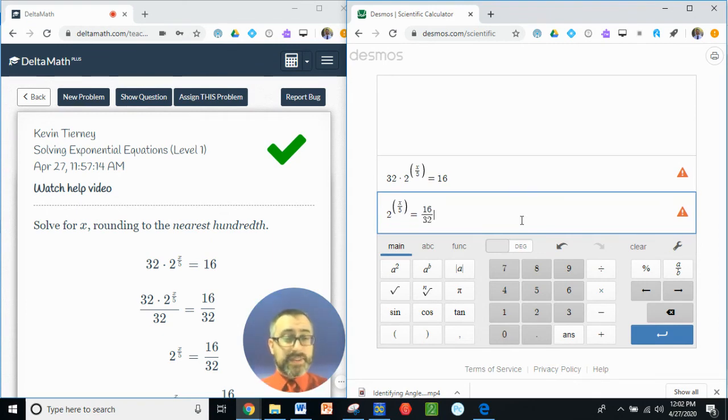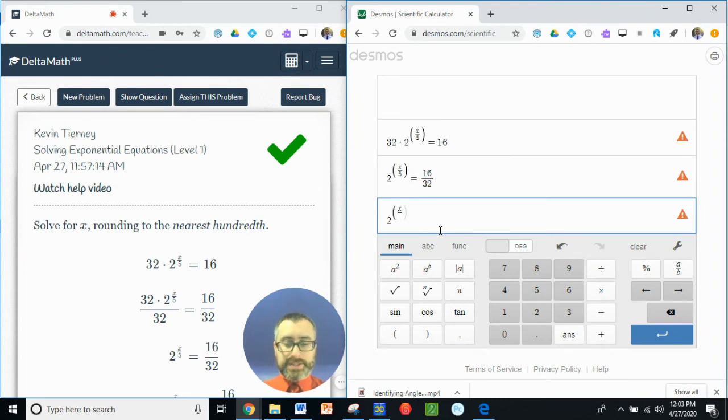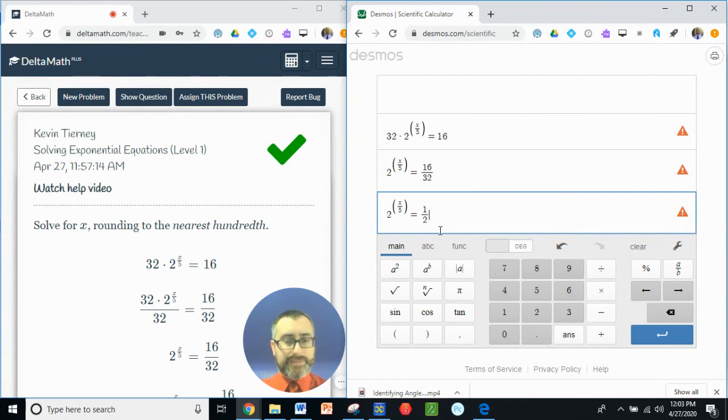And this is that simplifying step that I mentioned before. I might recognize that 16 over 32 is the same thing as 1/2. 2 to the x over 5 equals 1/2.